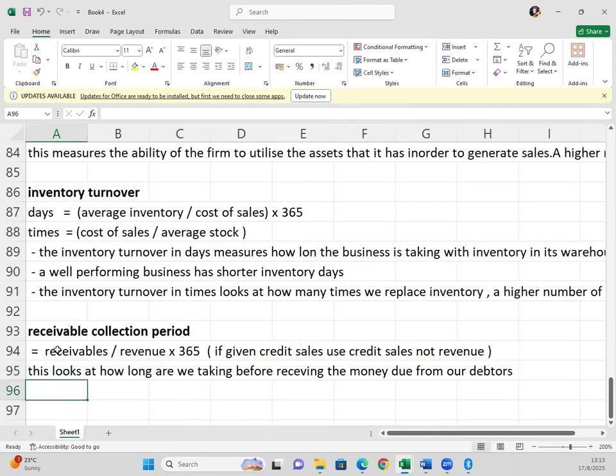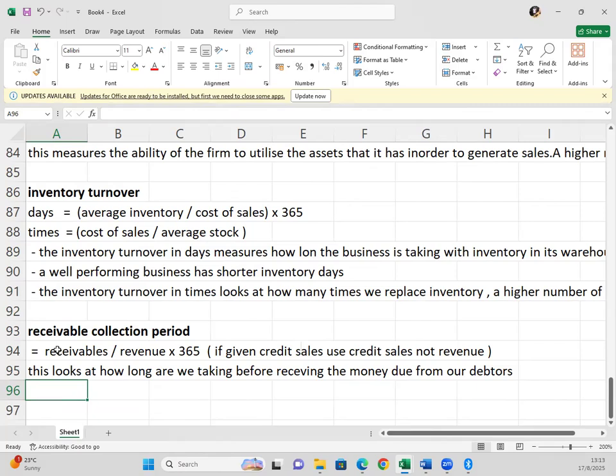From those that are owing us, how long are they taking before paying us the amount owed? That's the receivable collection period.